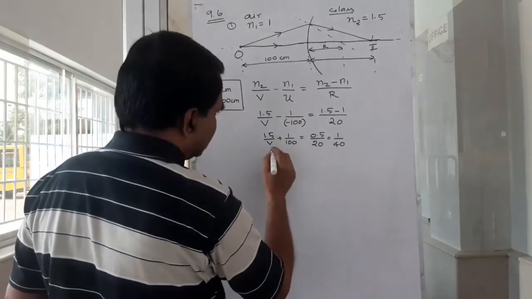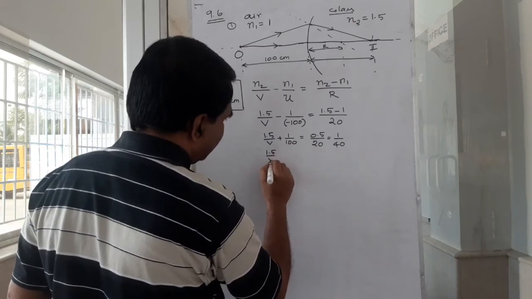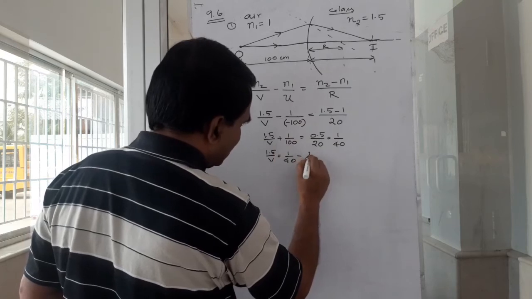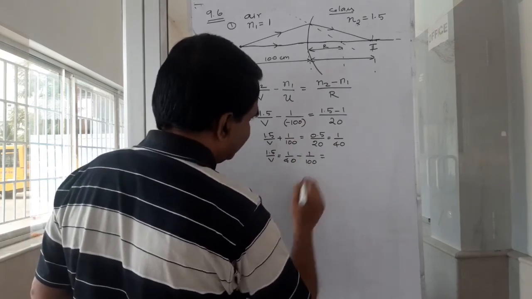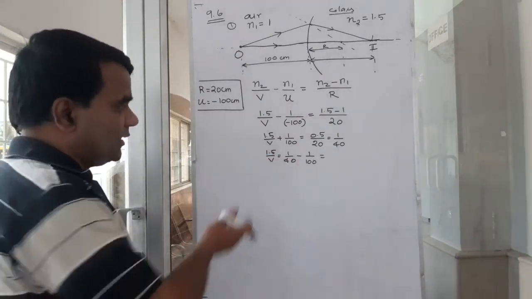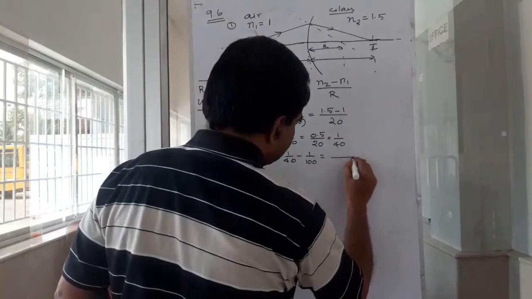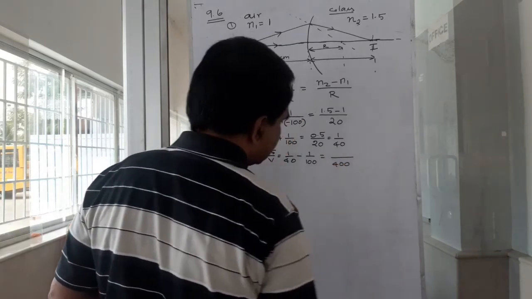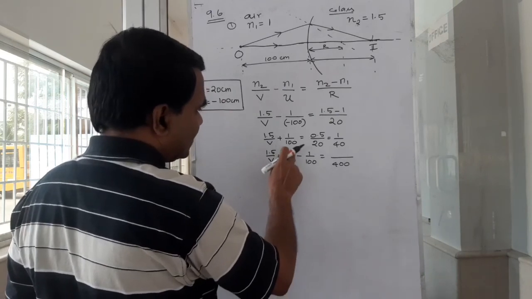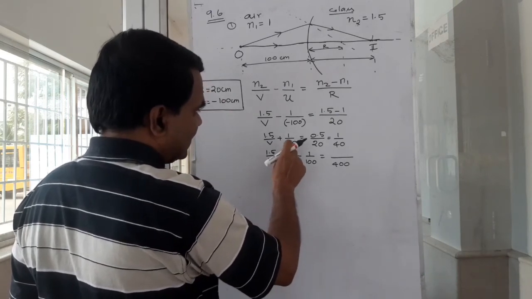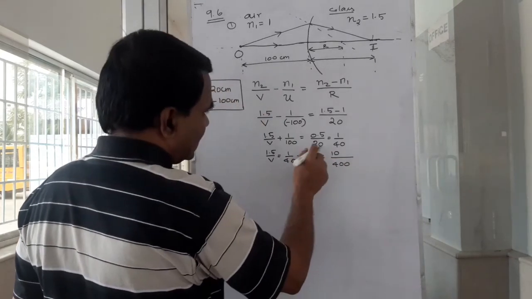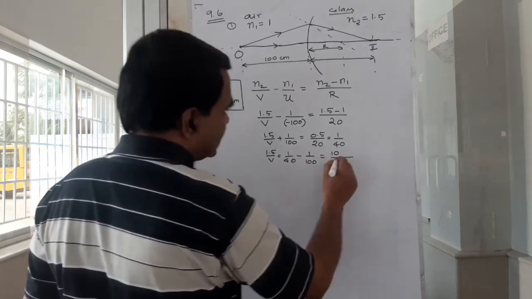So, you can do this. 1.5 by V is equal to 1 by 40 minus 1 by 100. So, 400 could be the LCM. If 400 could be the LCM, what am I going to get here? So, I need to multiply that by 10, 10 by 10. So it's going to be 10. And multiply this by 4. 10 minus 4.